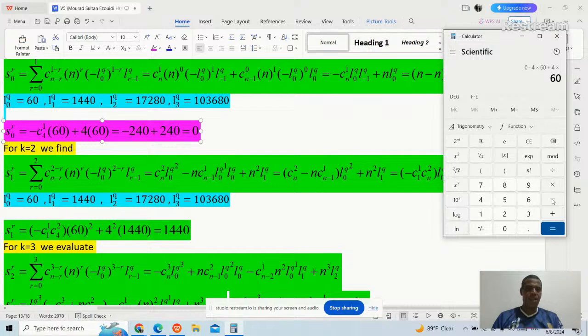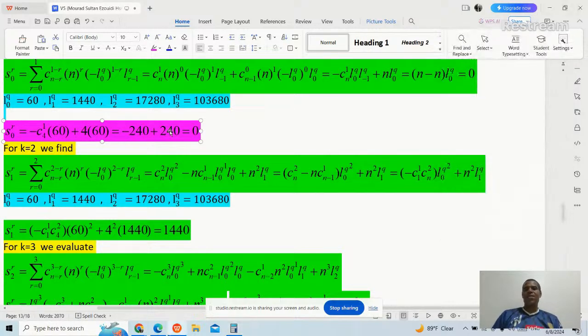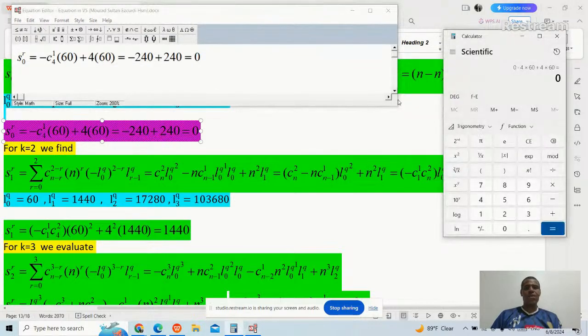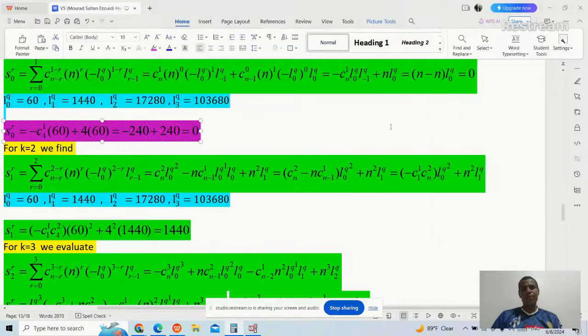Therefore, learners, you can note that the value of S0 is 0, and the value of this we find using a scientific calculator.